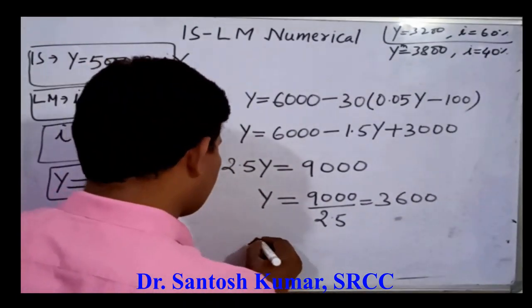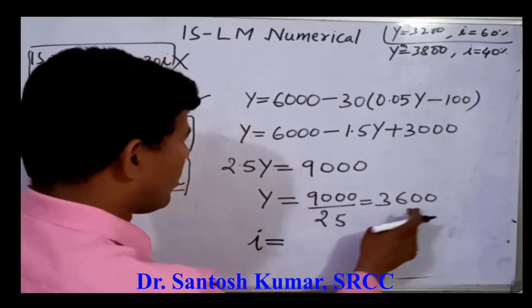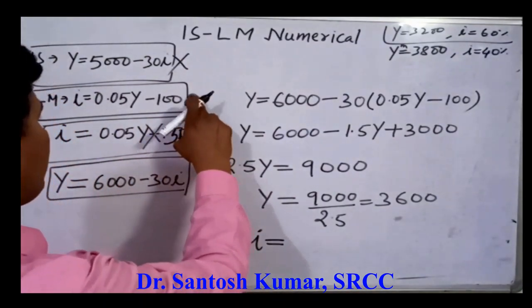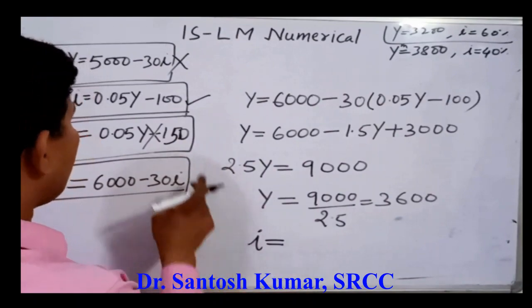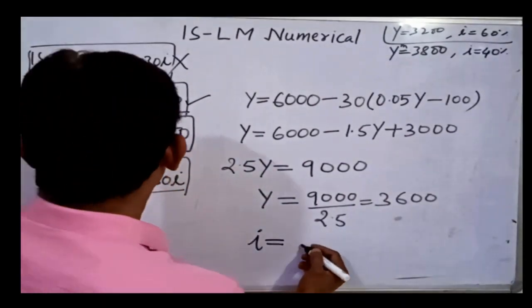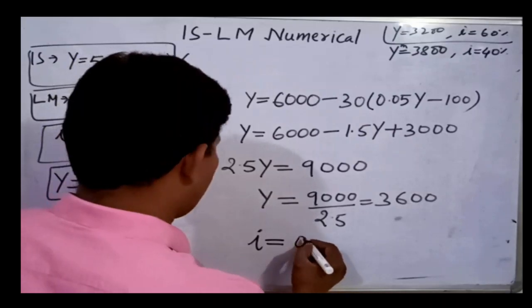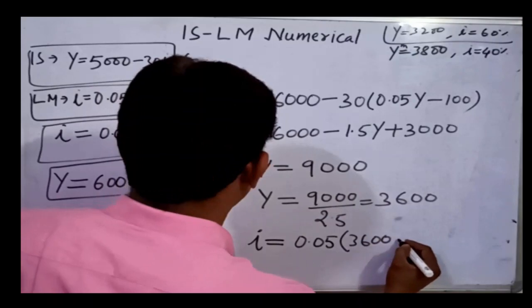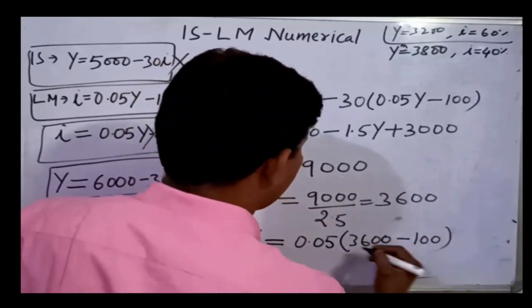Now can we derive the interest rate? Yes. Substitute the new equilibrium level of income, which we have derived on the basis of these equations, into the LM equation for interest rate. What do we have? 0.05 multiplied by 3,600 minus 100.